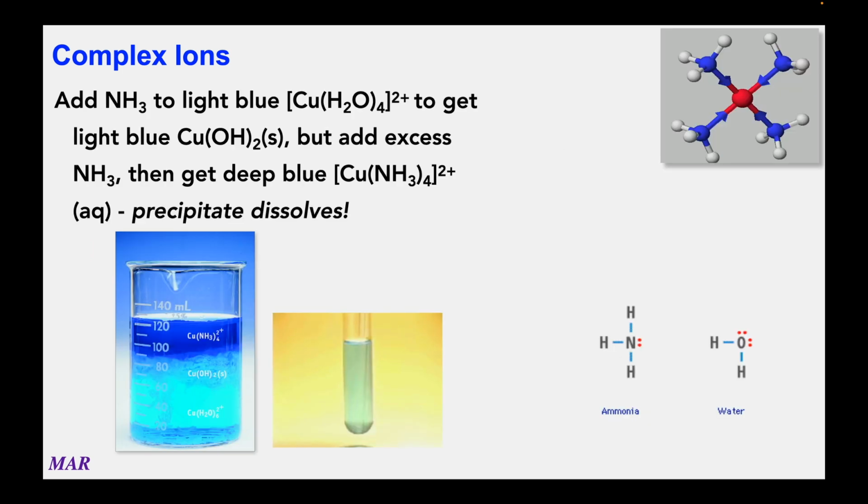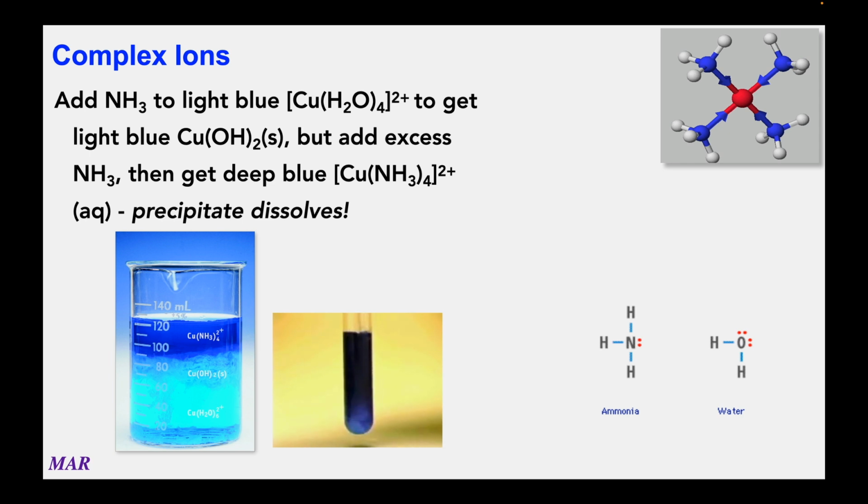In the test tube is a solution of copper sulfate. When we add a few drops of ammonia, the ammonia acts as a Bronsted base and causes the precipitation of solid copper 2 hydroxide. The solution turns a cloudy blue. If we then add a much larger amount of ammonia, the solution turns a very dark blue. The precipitate dissolves upon direct reaction with ammonia molecules.